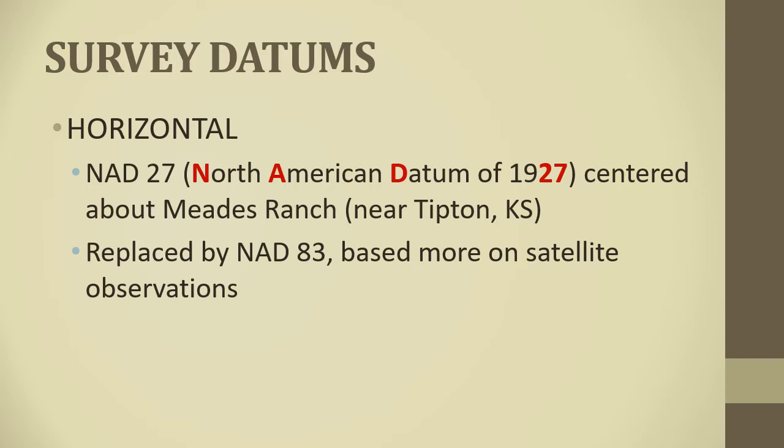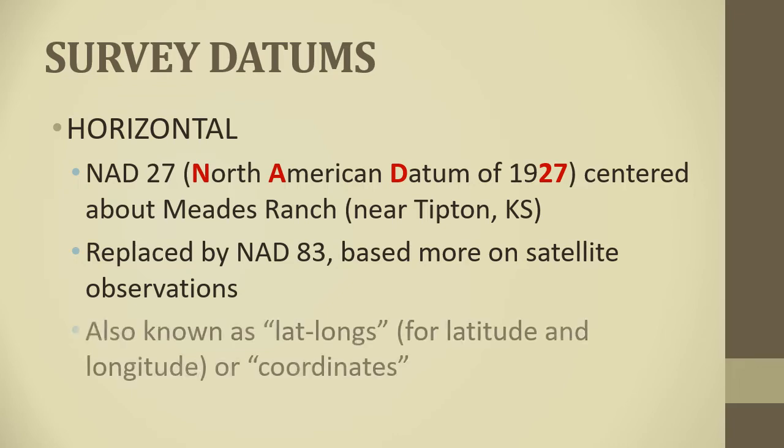It was replaced by the North American Datum of 1983, which was based more on satellite observations. But this datum would be known as lat-longs for latitudes and longitudes, or coordinates. So anytime you see those words being used, we're talking horizontal surveys.